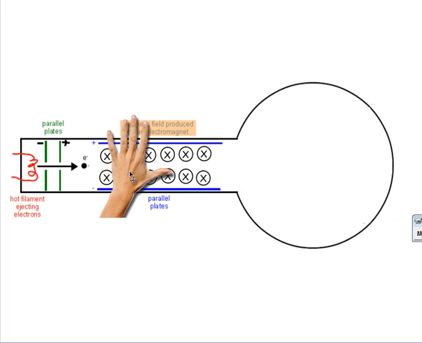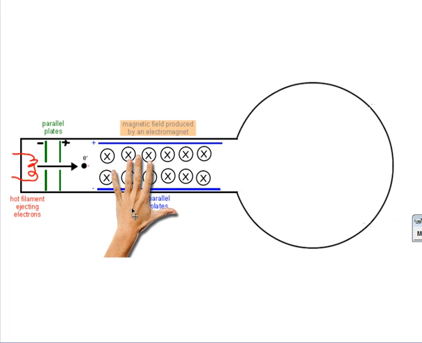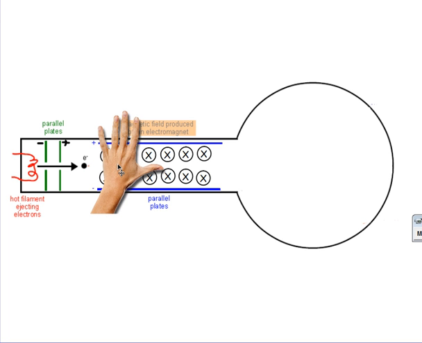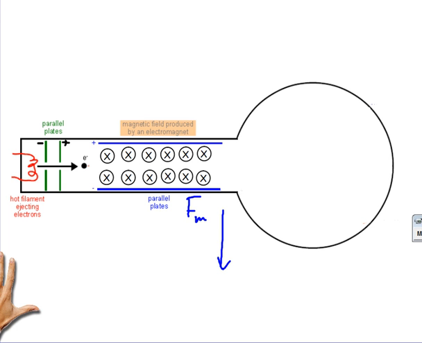We need to think of these fingers as going into the page because that's the direction of the magnetic field. Then the magnetic force experienced by those electrons is going to be in this direction. It's going to be down. So these electrons, as they travel through this region, are going to be pushed down and maybe end up somewhere over here at the end of our cathode ray tube.